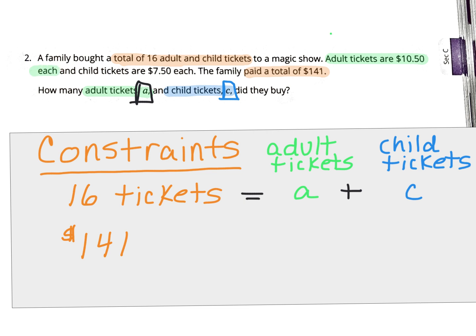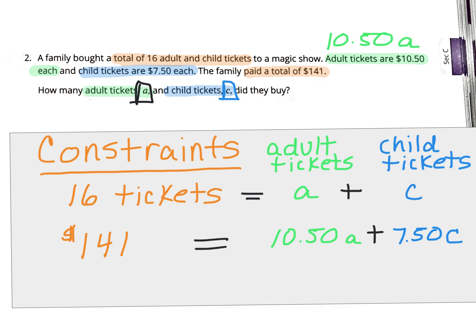So that means I do $10.50 times my number of adult tickets, so 10.50 times A. And then child tickets are $7.50 each, so that'll be $7.50 times C. If we take the amount of money we spent on adult tickets plus the amount we spent on child tickets, it's all going to equal $141.